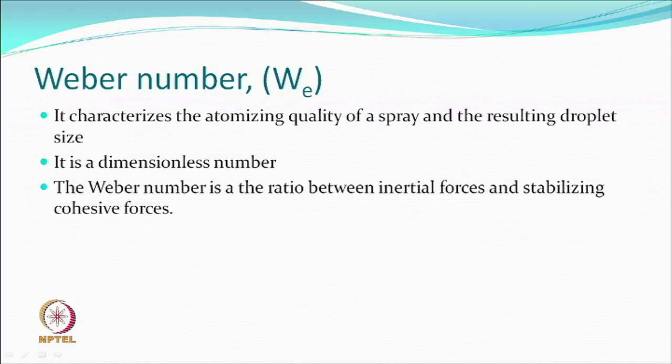So, roughly speaking, it is a ratio between the inertial forces and stabilizing forces, which are cohesive forces like the surface tension itself. Right. If surface tension is high, then it is difficult to separate. Right.